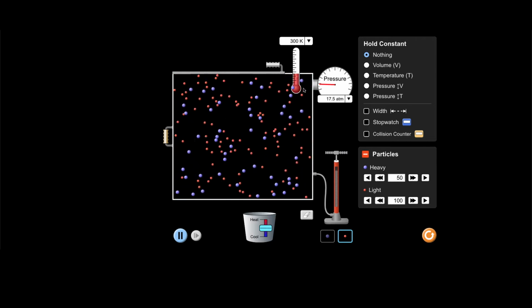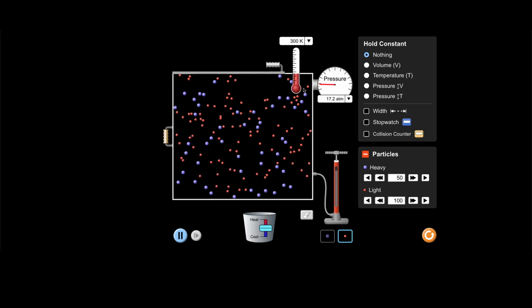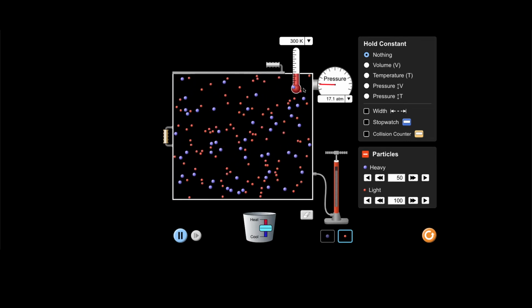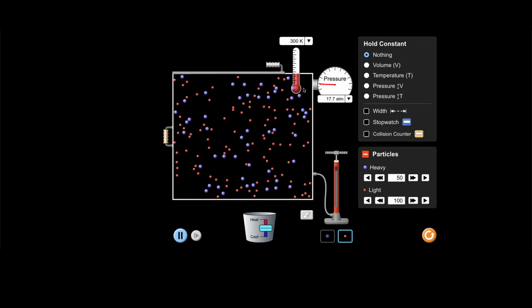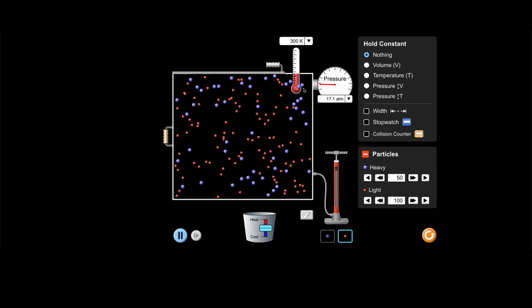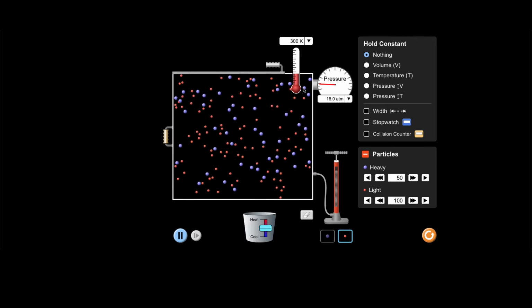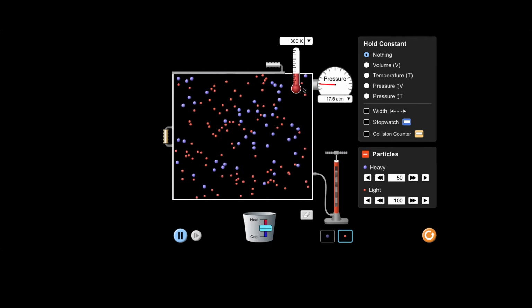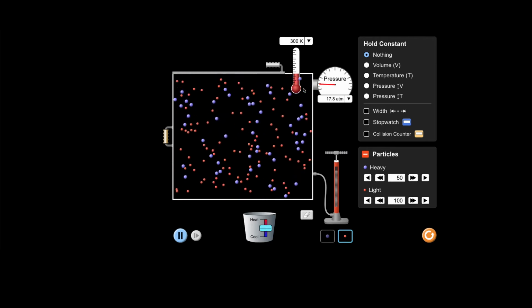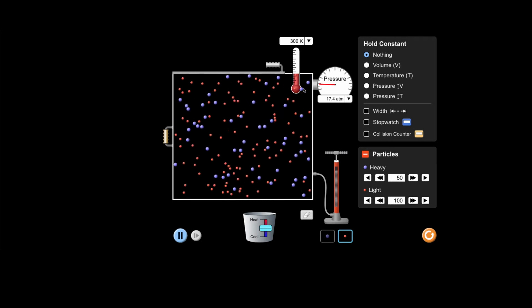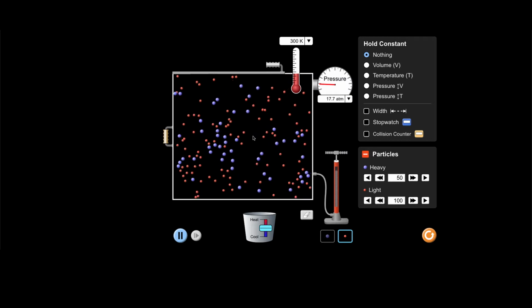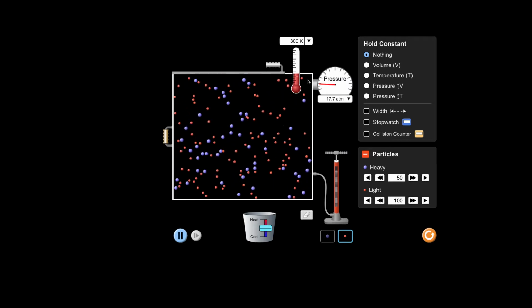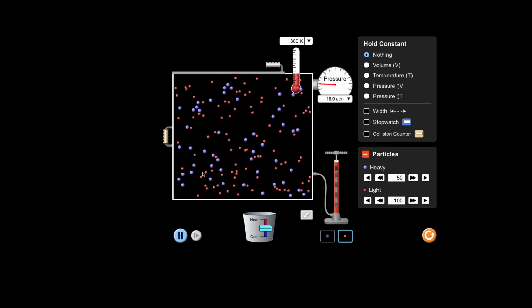But both gases in the mixture are filling the entire volume of the space. So when we talk about volume in a gas mixture, really whatever the volume of the container is essentially the volume of both components. In this particular case, both the red component and the blue component are occupying the full volume of the container. So if I wanted to talk about just the blue component, for example, I know that its volume is the full volume of this container.